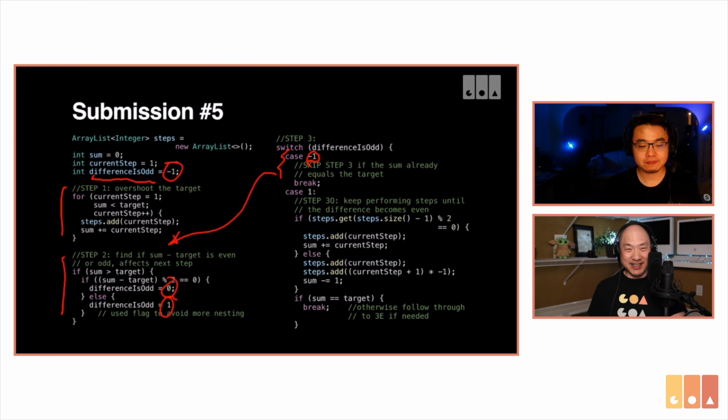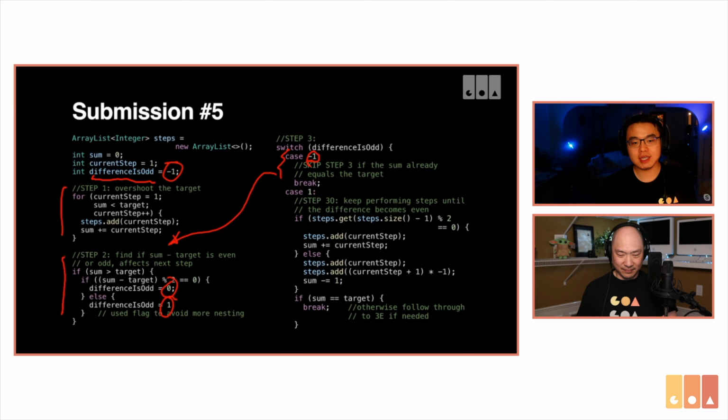Yeah, I mean, when you say difference is odd, it's either odd or it's not odd, right? Yeah, and I think more importantly, when other programmers work on this, they're going to expect that it's a 0 or 1, right? They're not going to necessarily expect a -1 or other variable number to come up. So just something to keep in mind.